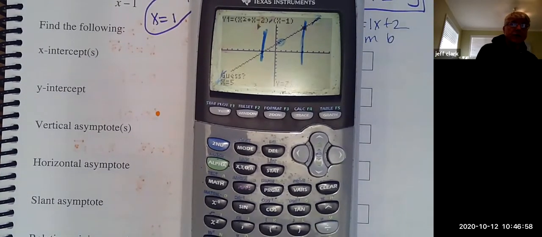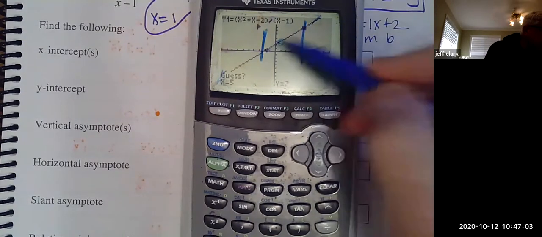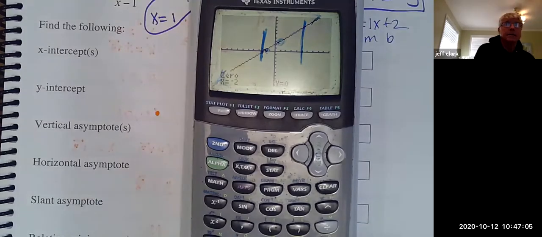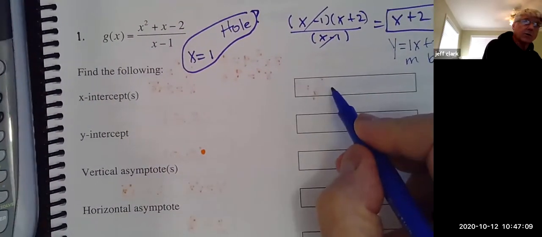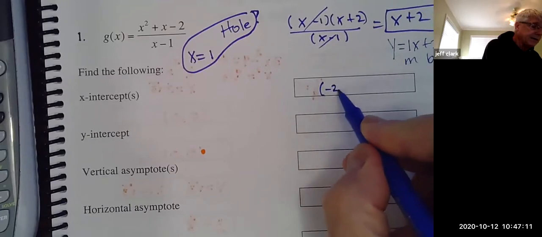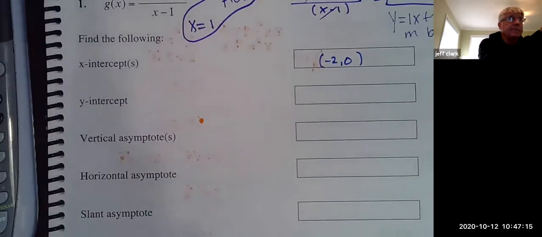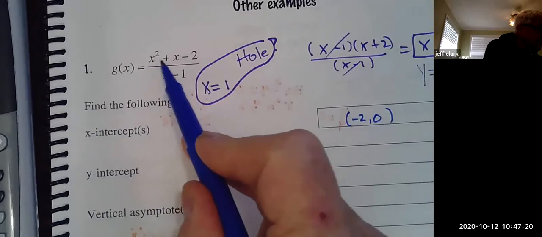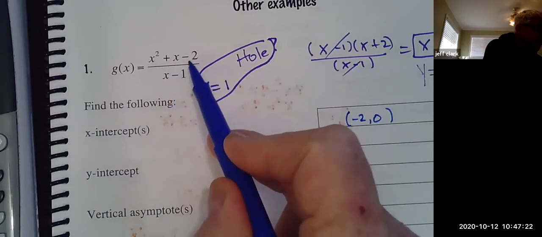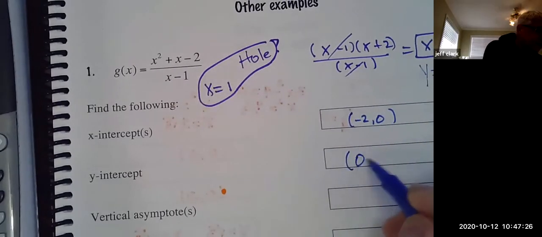It's going to look in between, and it should find that answer right there. -2. So your X-intercept is -2, and as an ordered pair, it would be -2, 0. Is there a Y-intercept? If X is 0, that gets you the Y value, which is the Y-intercept. So it's +2. When X is 0, it's +2.